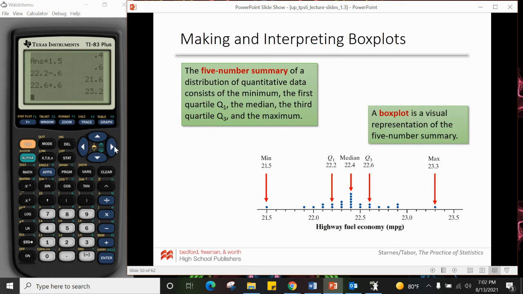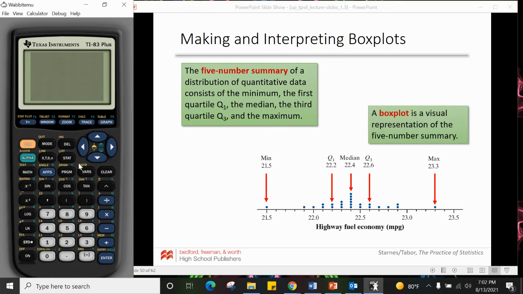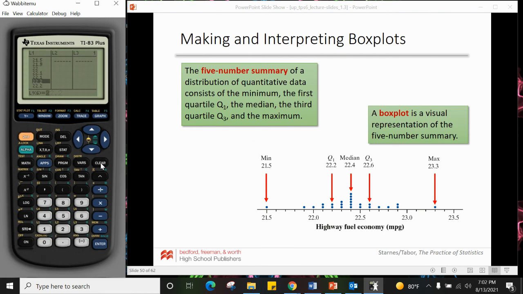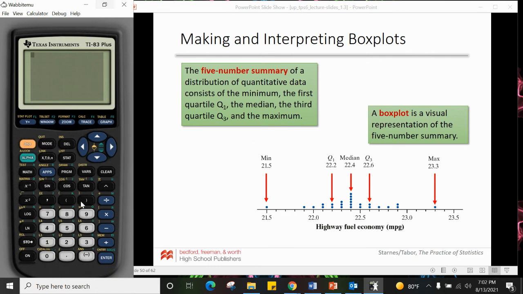To find it on the calculator, I've already typed this data in, and we'll get a lot of practice at it. You go to stat, edit, and put all the data points in, which I've already done so you don't have to watch me painfully type. Then go to stat, calc, 1-Var Stats, press enter, and you get all the data.